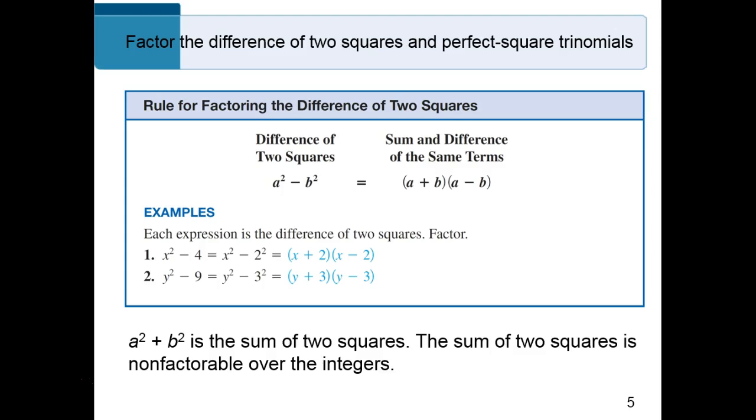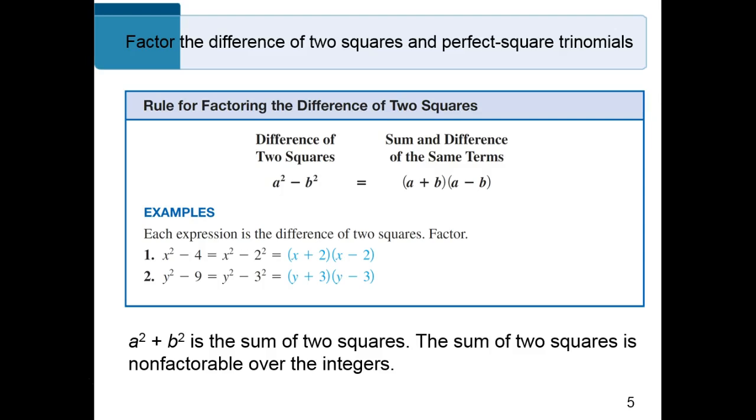A plus B times A plus B. Let's FOIL it and see. A squared plus AB plus AB plus B squared.